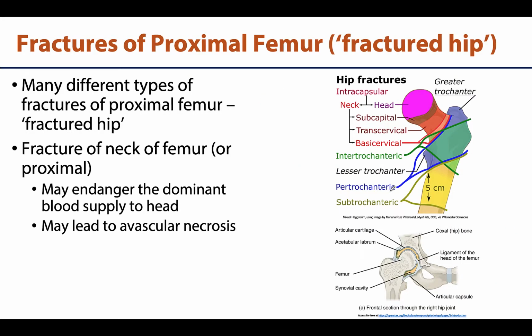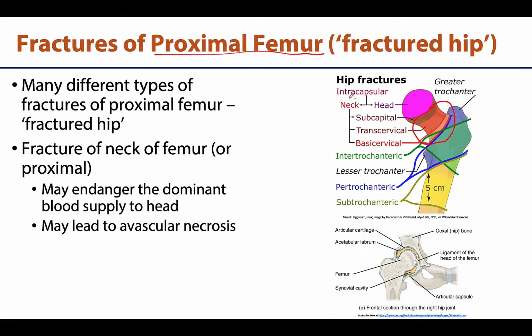Before we finish our conversation on the hip joint, I do want to focus in on one critical consideration, which are fractured hips. Fractured hips are rarely fractures to the coxal bones, but instead typically a fracture of the proximal femur. And one of the most common areas for fracture is the neck. So this right here is the neck of the femur.